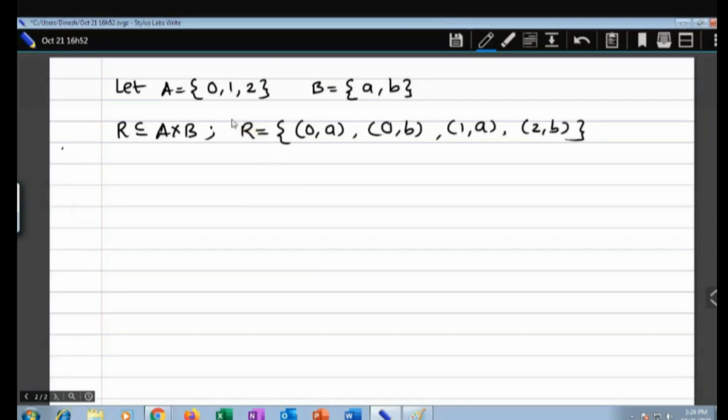So this is R. You have four ordered pairs in relation R. Then how do you represent this?